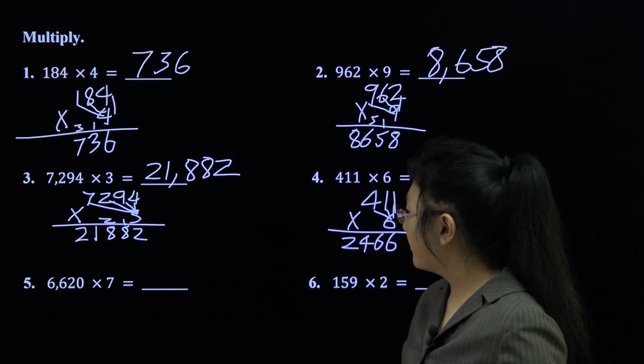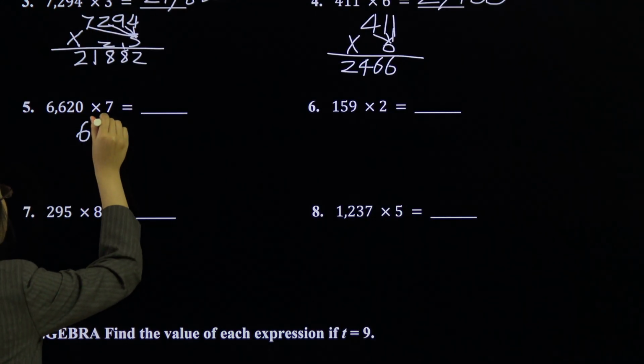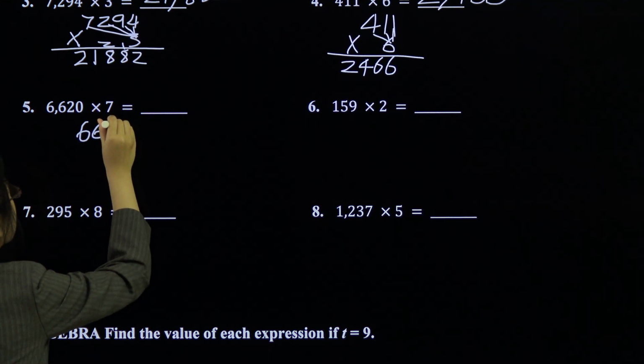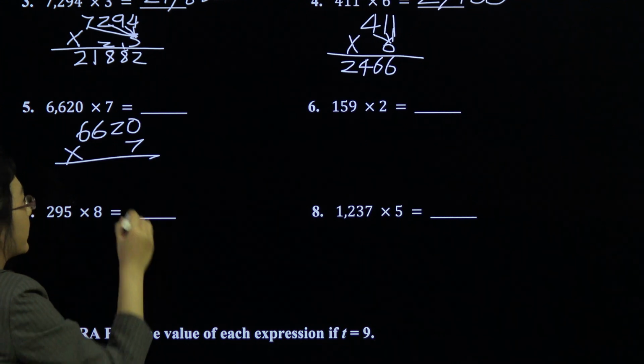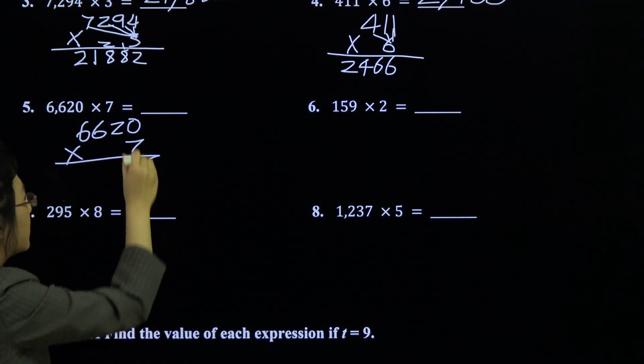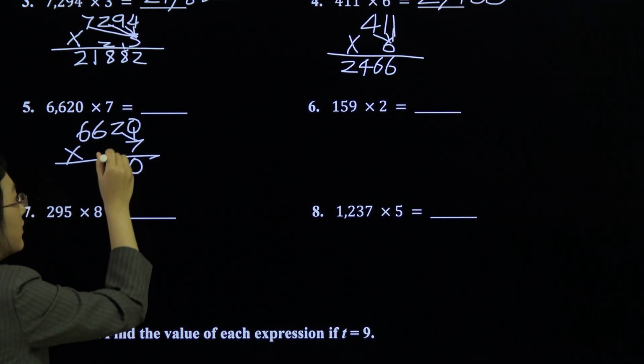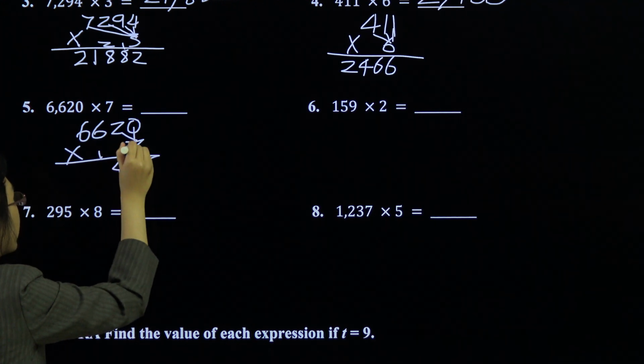We move on. We're back to the thousands here. 6,620 times 7. 7 times 0 is just 0. 7 times 2 is 14. You regroup.